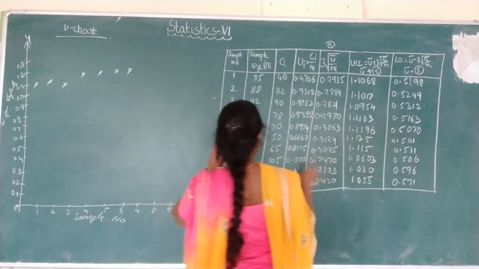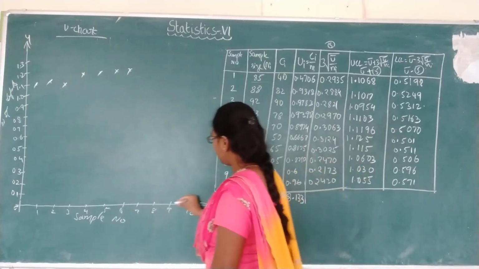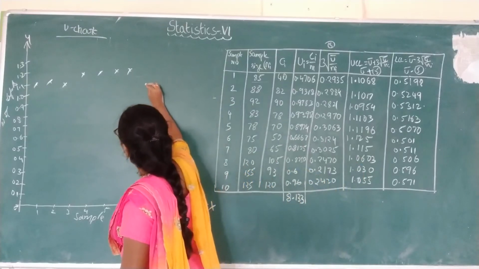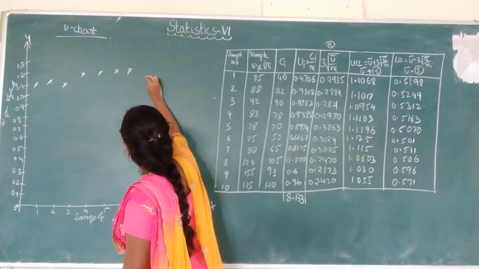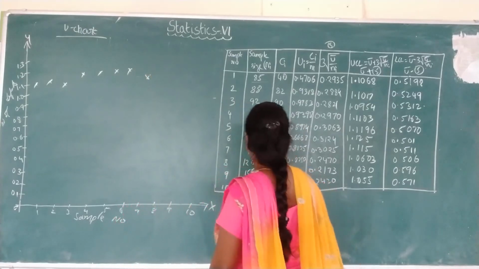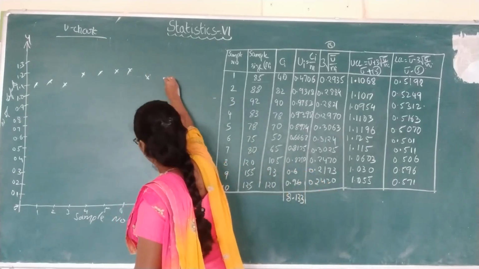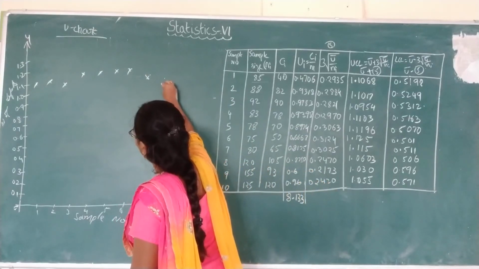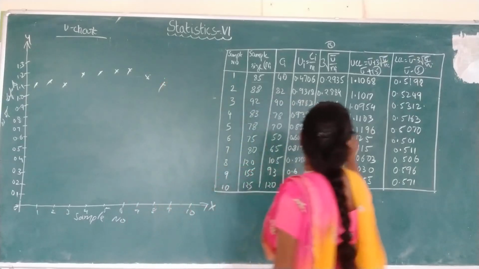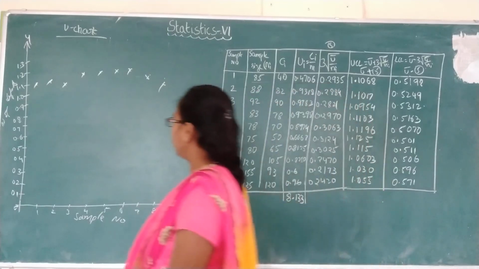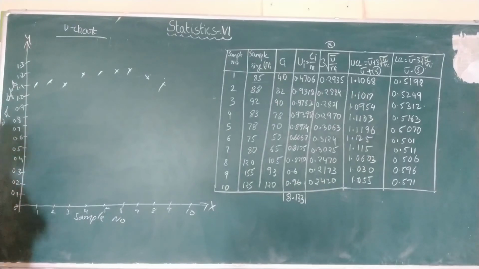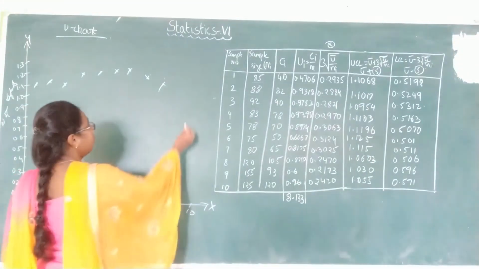Yes, eighth sample is 1.06, in between 1.1 and 1.0. Ninth sample 1.0. Next is last one is 1.0 itself.